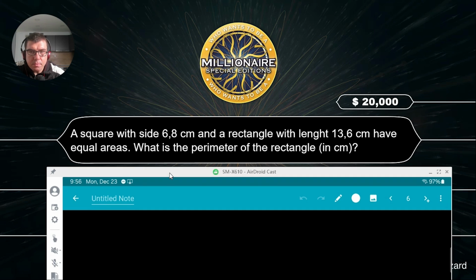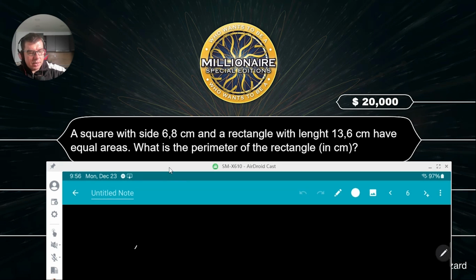First we need to find the area of the square. So the area of the square is going to be 6.8 squared, and I need to multiply these numbers. 6.8 times 6.8, 8 times 8 is 64, 4 carries 6, 8 times 6 is 48, plus 6, 54, 6 times 8 is 48, 8 carry 4, 6 times 6 is 36, carry 4, 40, 4, 2 carry 1, 6, 4, 2 digits after the decimal comma.